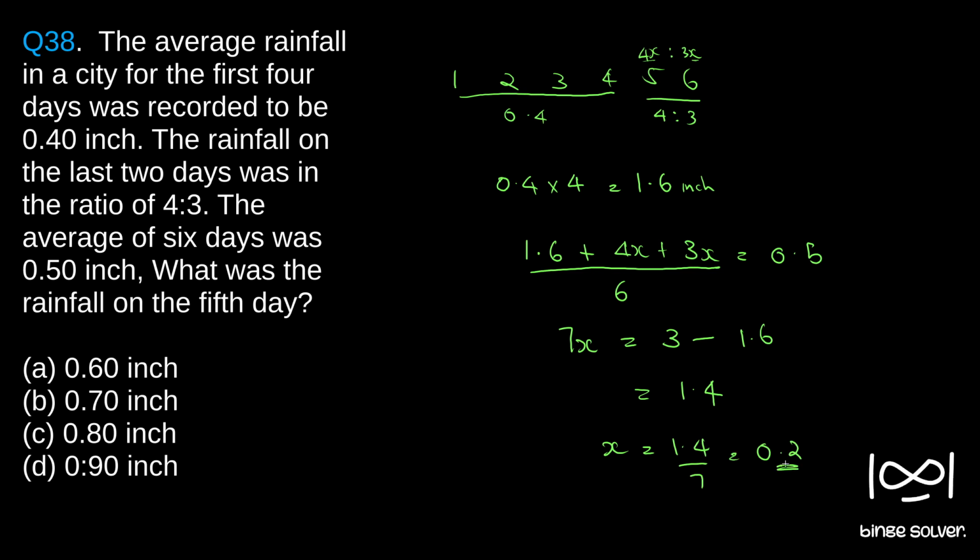So we get x as 0.2. The question is, what was the rainfall on the 5th day? On the 5th day, we assumed our rainfall was 4x. So 4 into 0.2, which is 0.8. This is our answer. So solution to question 38 is C, 0.8 inch.